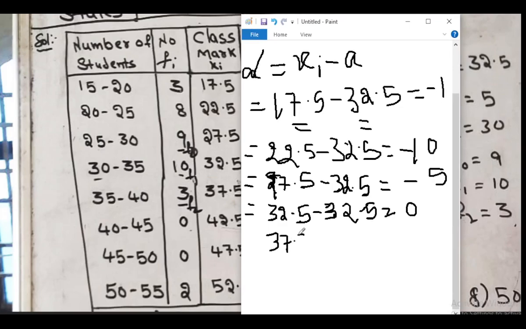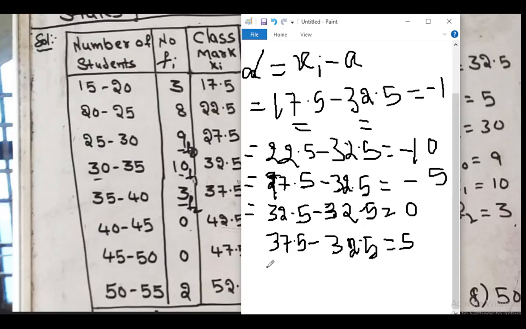Then the next class mark is 37.5. From that, if we subtract the assumed mean, that is 32.5, we get 5 as the deviation.